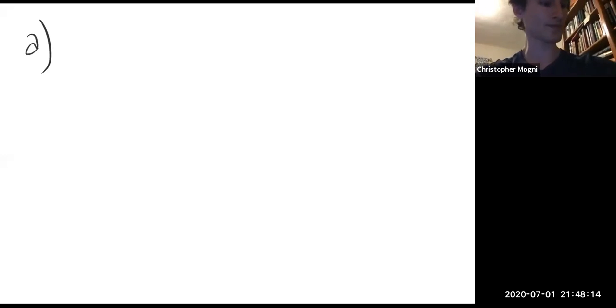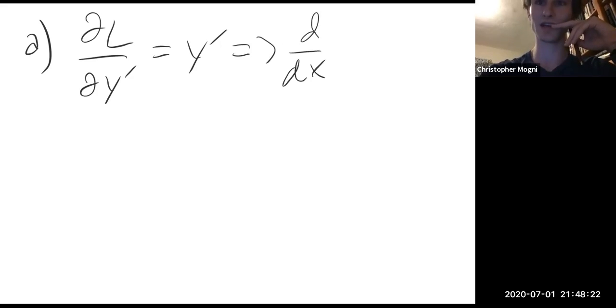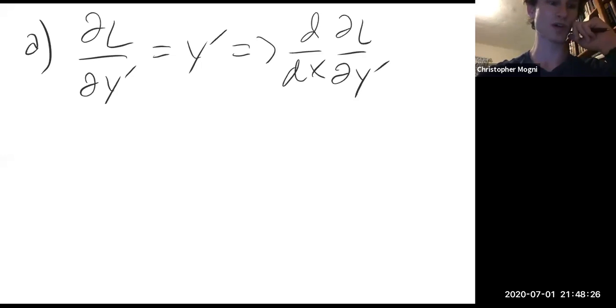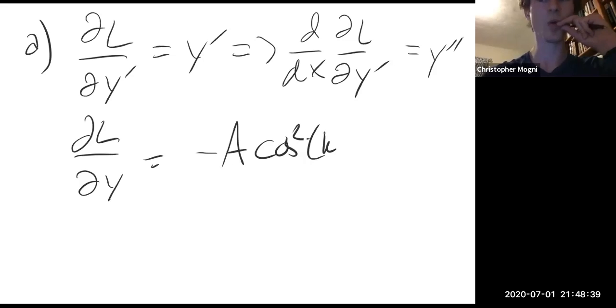In example A, dL/dy prime is just equal to y prime, which means that d/dx of dL/dy prime, which is one of the terms that shows up in the Euler-Lagrange equations, is just equal to y double prime. dL/dy is equal to minus a cosine squared kx y. Cool.